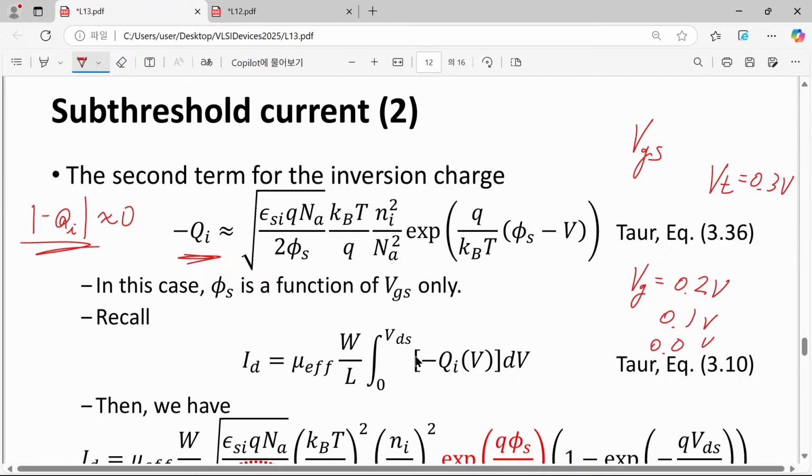There is no explicit dependency on gate voltage, but please have a look at here, we have surface potential dependence. So if we change gate voltage, then that will change this surface potential once again. That's the reason why we have different values for different gate voltages.